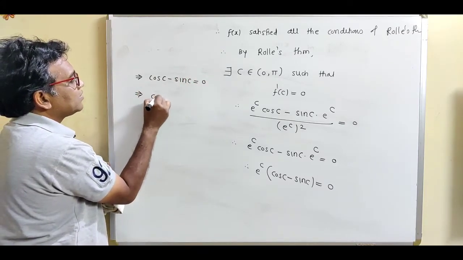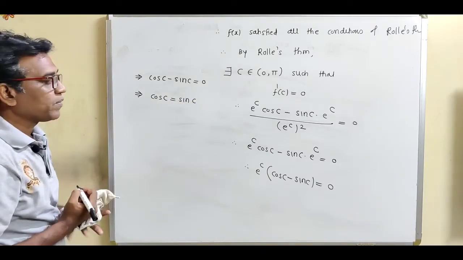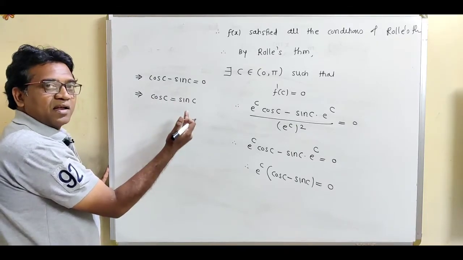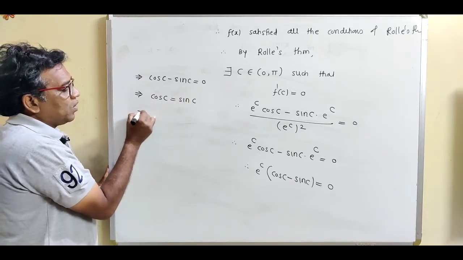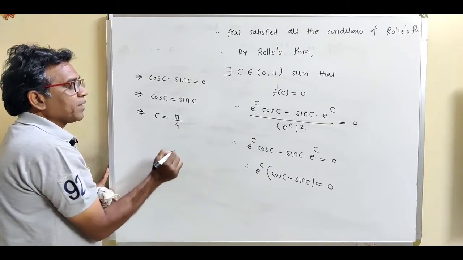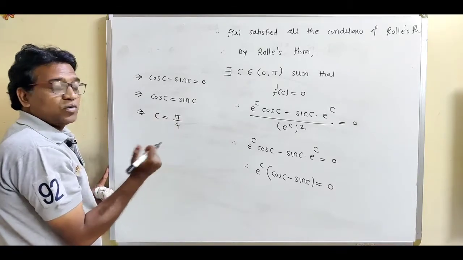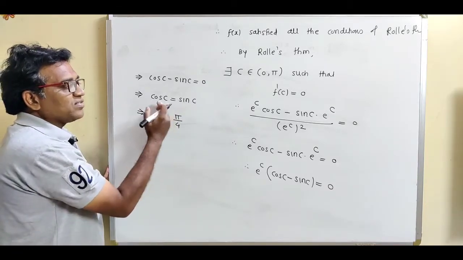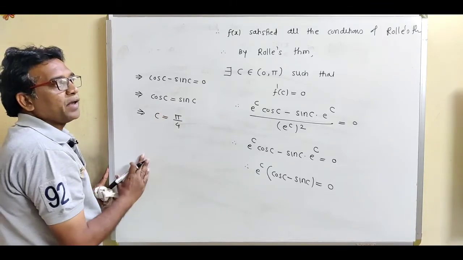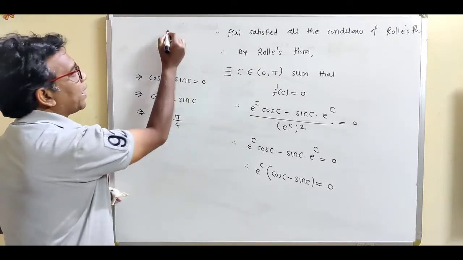So we get cos c and sin c are equal, and this is possible only if c equals pi by 4. The value of cos pi by 4 and sin pi by 4 are equal, it is 1 upon root 2. So sin c and cos c are equal means obviously c equals pi by 4.